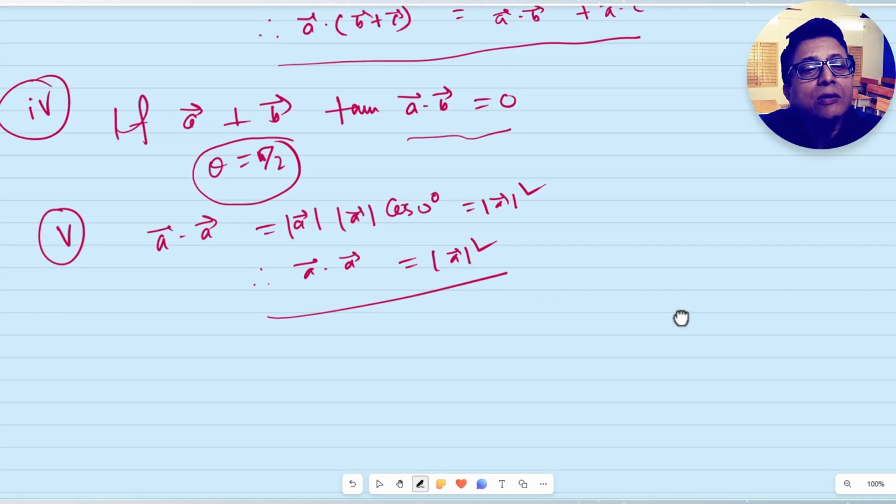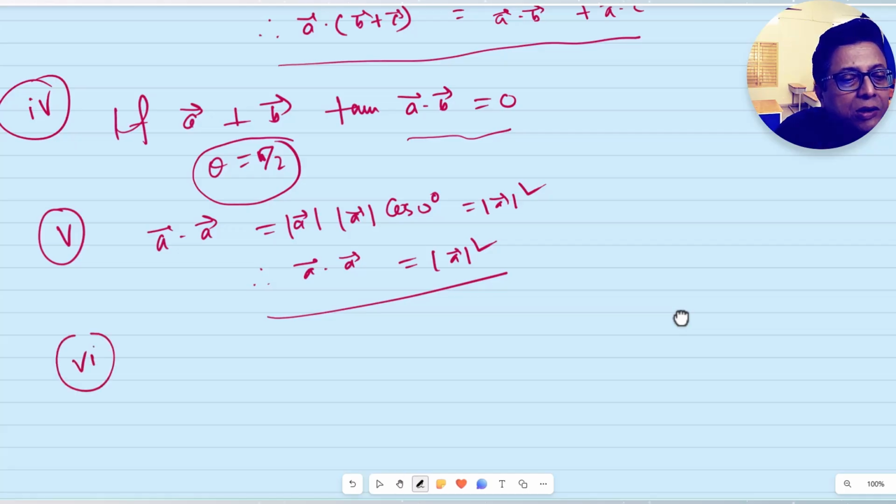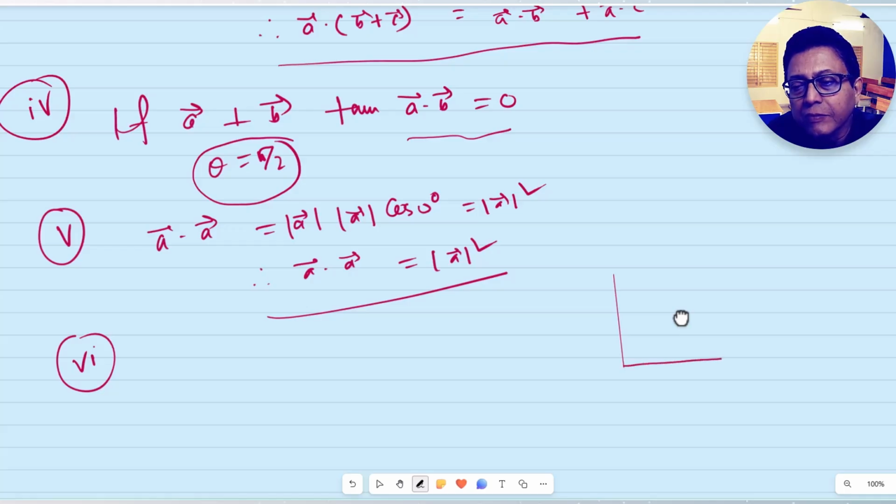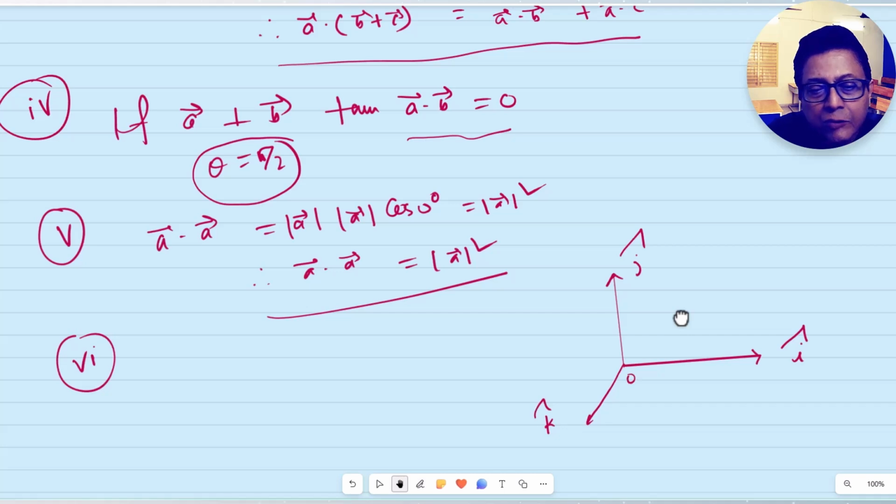Now let us work with the three vectors i, j and k. This is your i vector, this one j and this one k. What about i dot i? This is going to be mod i squared. This is 1.